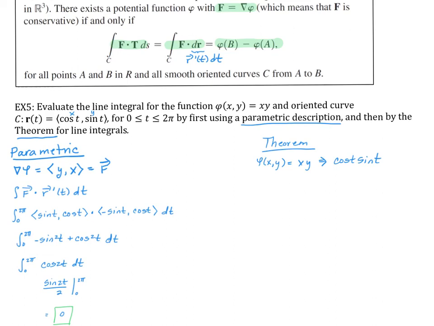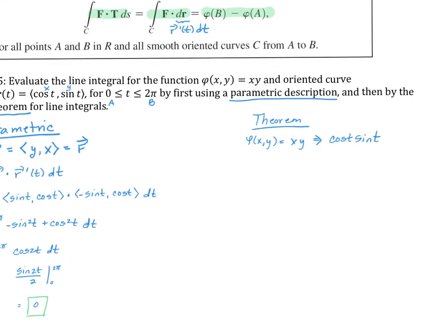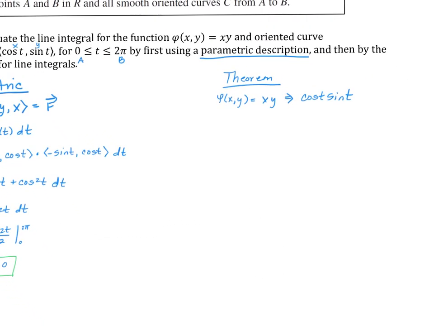So what is this b and this a? Well, those are our limits of integration. Our t values go from 0 to 2 pi, so 0 is the a value, 2 pi is the b value. So all I have to do to evaluate this integral is compute cosine of t sine of t, where I'm going 2 pi to 0.